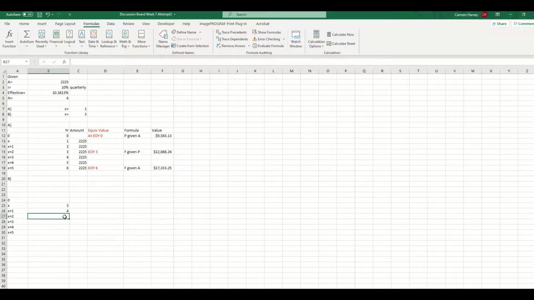Instead of typing all that in, it's just going to keep going the same way, because it's only increasing by 1 each time. All right. So what you have is X equals 3, and then this ends up being year 2, year 1, and 0. So what we're looking for next is the amount. And the amount stays the same, except that the amount doesn't start till 3.